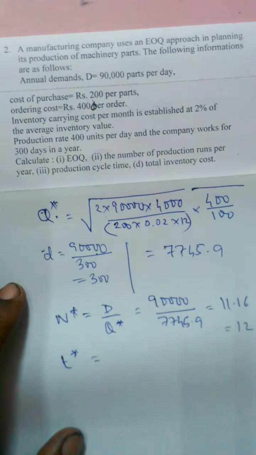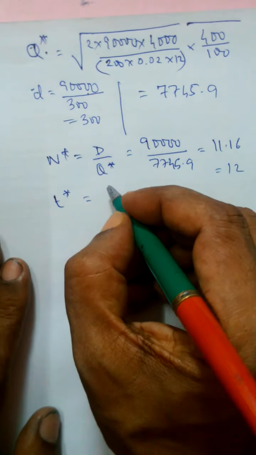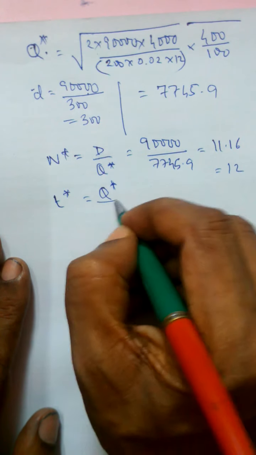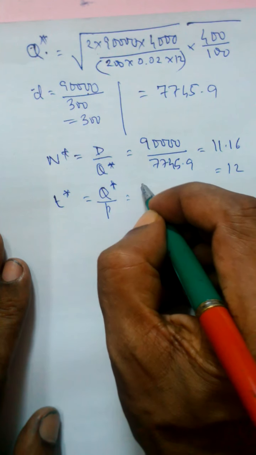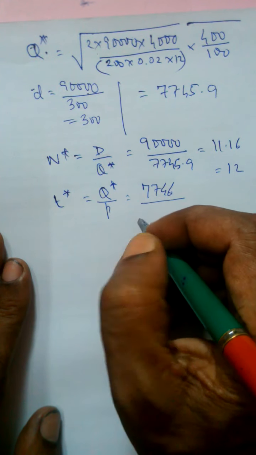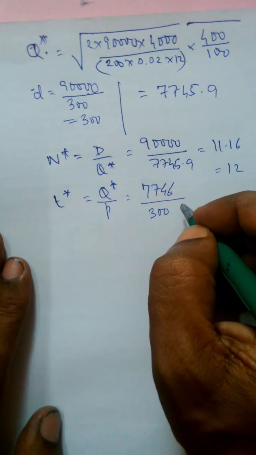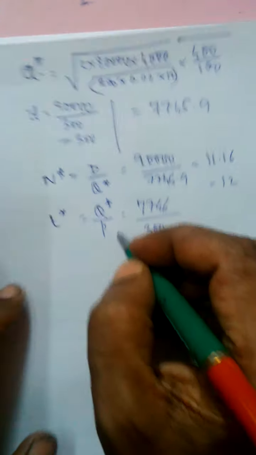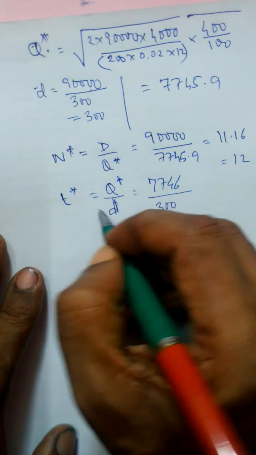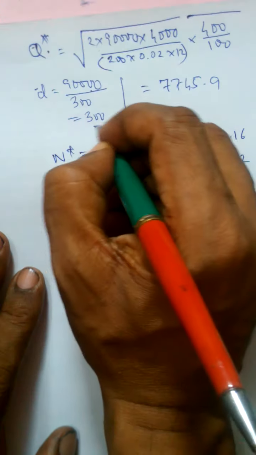Production cycle time, and if it is said number of order cycles, then that will be Q star by P. Q star by P is 77, we have taken 46 for simpler calculation, divided by 300 production. Let us see the question: production cycle time. So we are requiring this T, not T1 star.